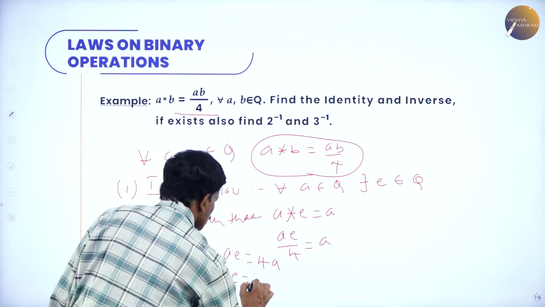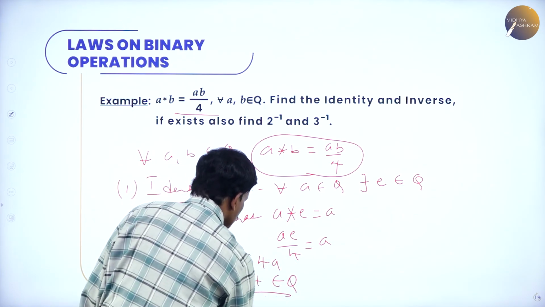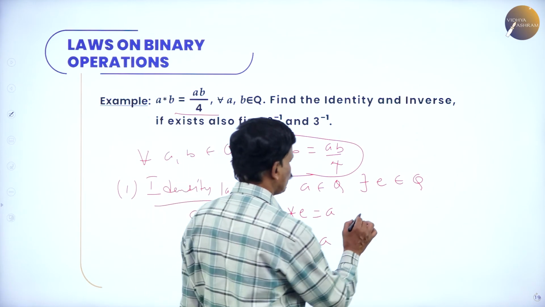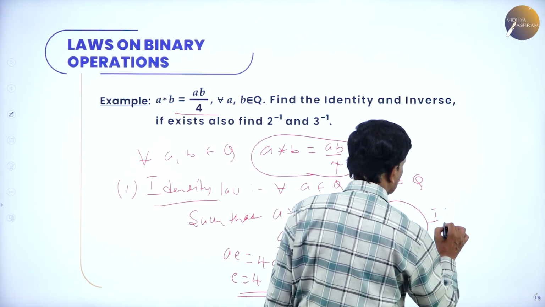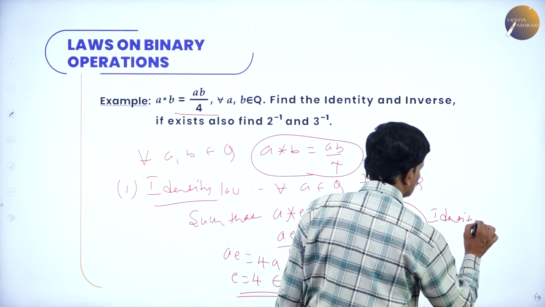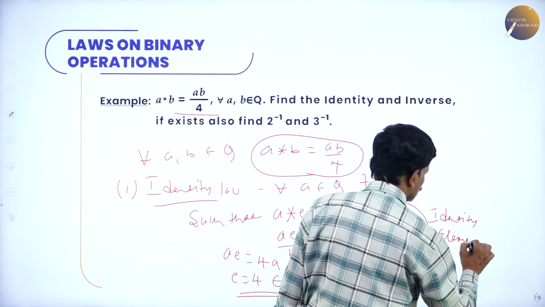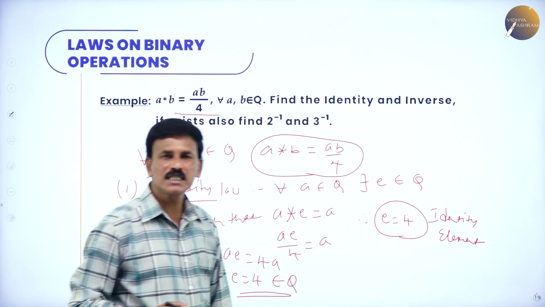A gets cancelled, E is equal to 4 belongs to Q. This is the identity element. So, therefore, E is equal to 4 is the identity element.